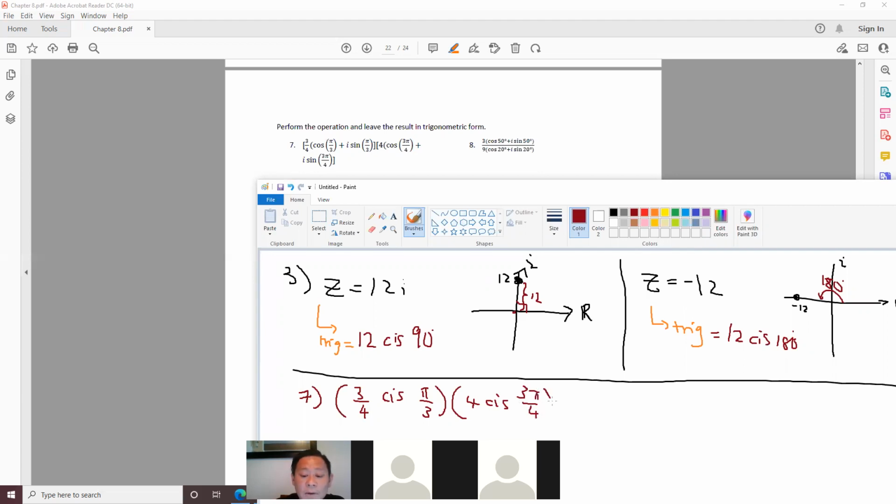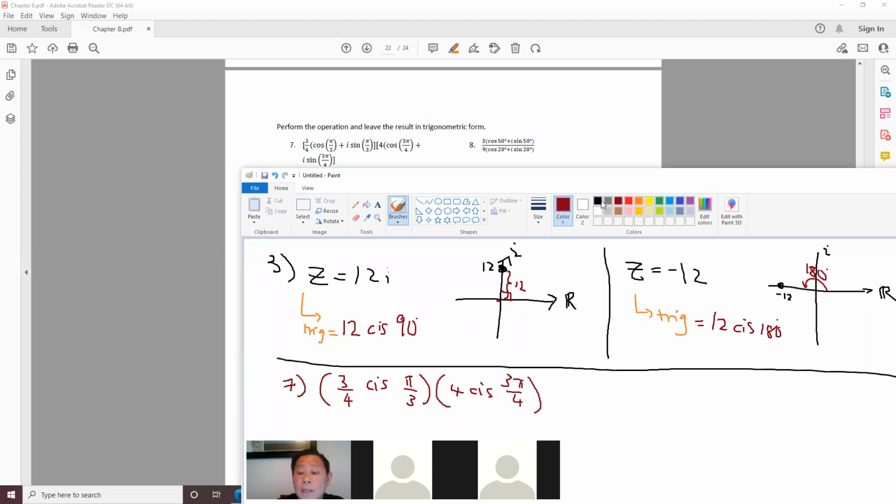Since this is already in CIS form, what we do here is multiply. So your R's, we multiply: 3 over 4 times 4. And for your angles, we add pi over 3 and 3 pi over 4.